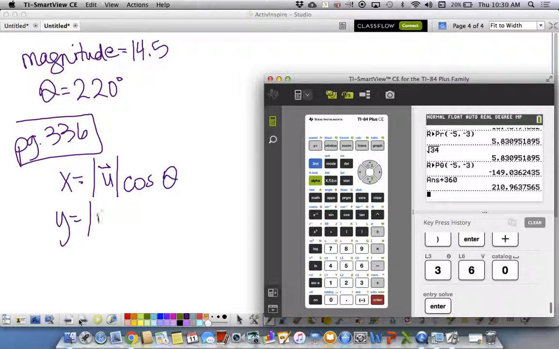Your y will be the magnitude of u times sine theta.